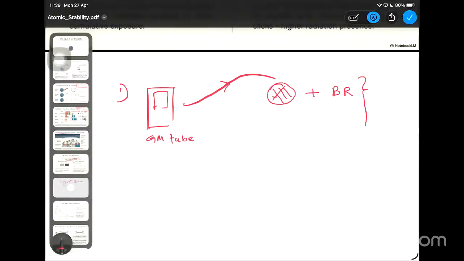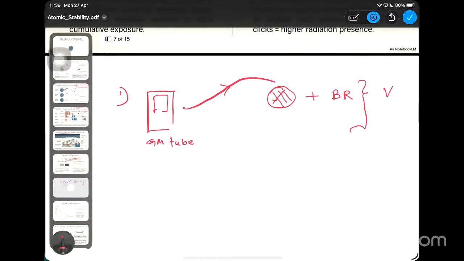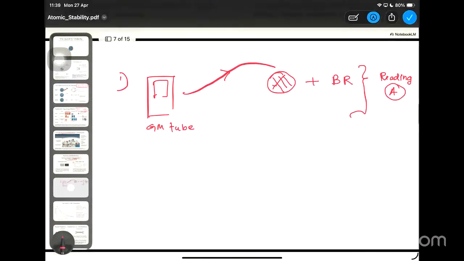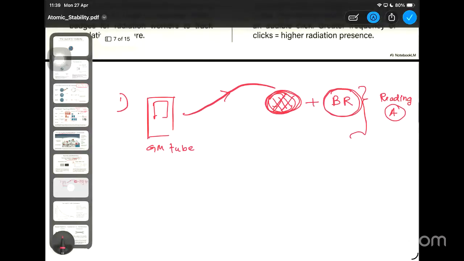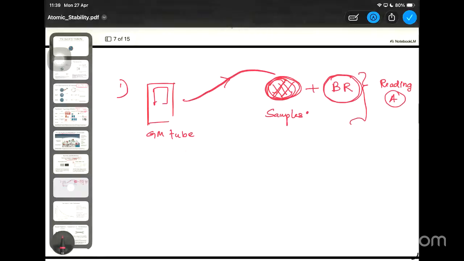So, a combination of these two. This is going to be reading A, the value A, right? But we do not need this background radiation. We need only the pure sample's radiation value, right?